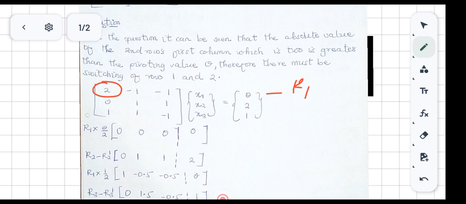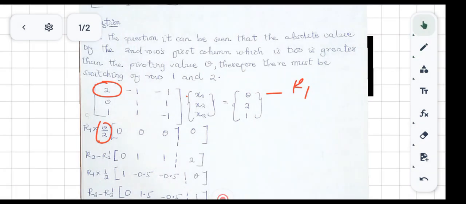When you do that, all the entries go to 0, because 0 over 2 times 2 will be 0, 0 over 2 times negative 1 will be 0, and 0 times 0 will also be 0, right?